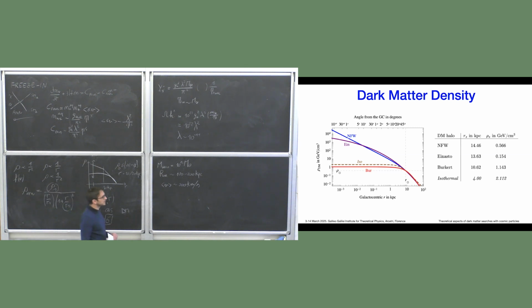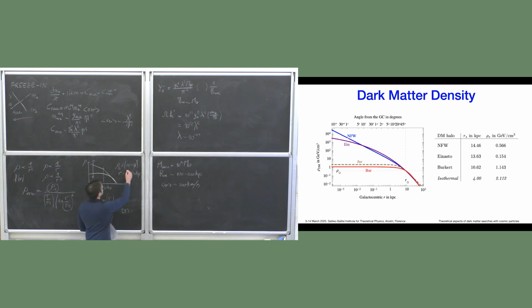When you do indirect detection, you have to take into account the uncertainties related to the dark matter density distribution. These profiles are very different here, while they are basically very similar at the local distance, around the solar system, because around the solar system we have measurements of the density that are not that different with respect to the one in the inner part of the galaxy.